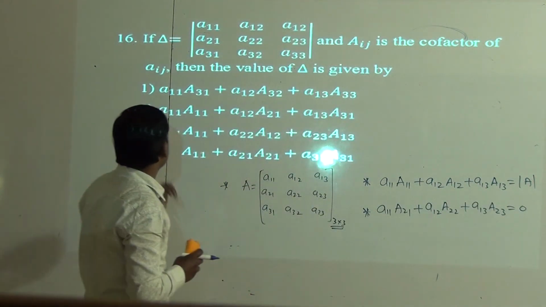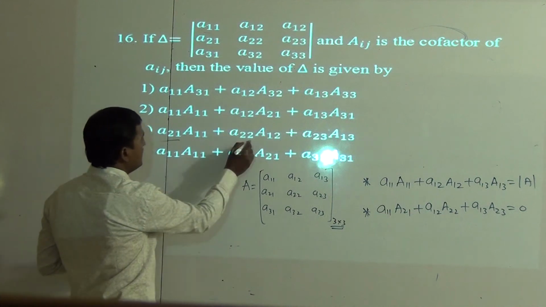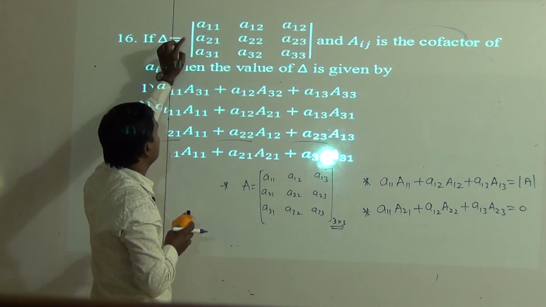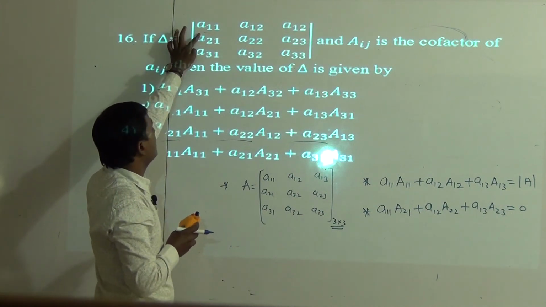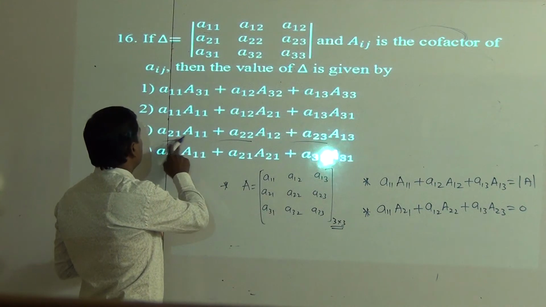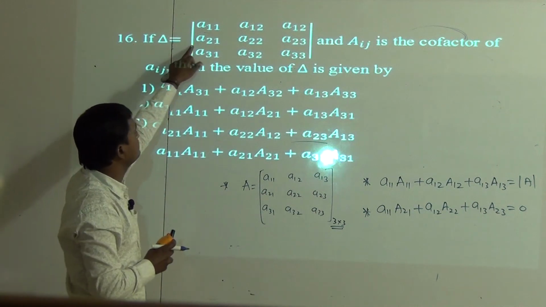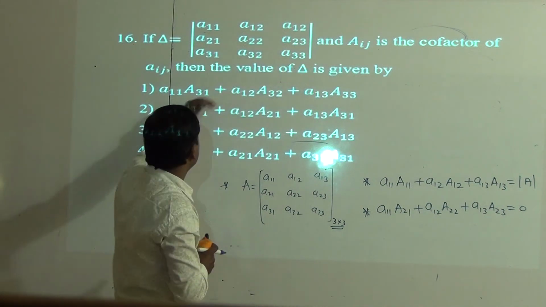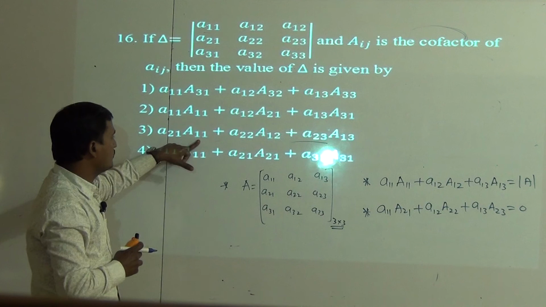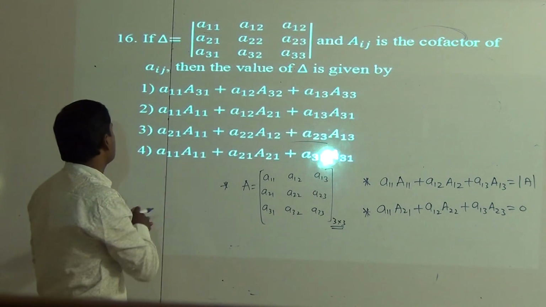So here we have to check the options. In the third option, here it is a21, a22, a23. So we have the elements of the second row and the cofactors of the first row, hence it is not the value of the determinant.